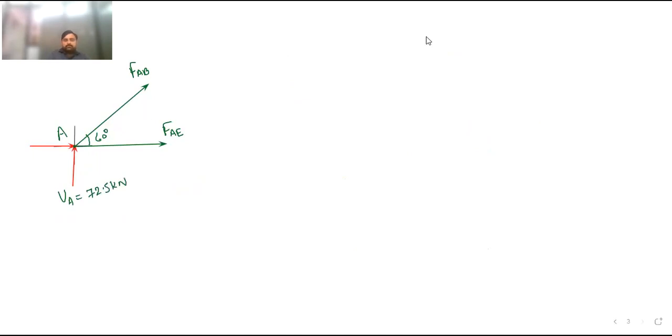Now I will resolve this FAB. If I resolve the FAB, one component is parallel to Y, another component is parallel to X. So here it is FAB sine 60. This is FAB cos 60. Okay. So further, now I will apply summation Fy equal to 0.